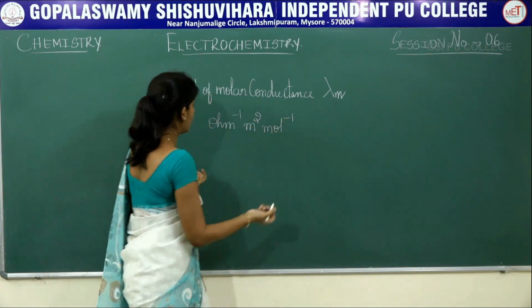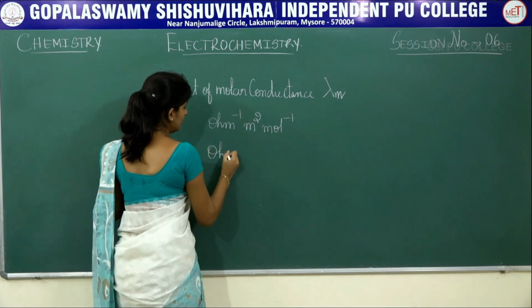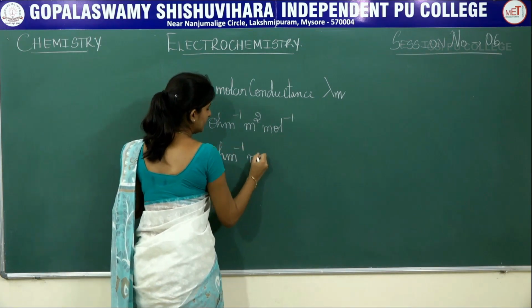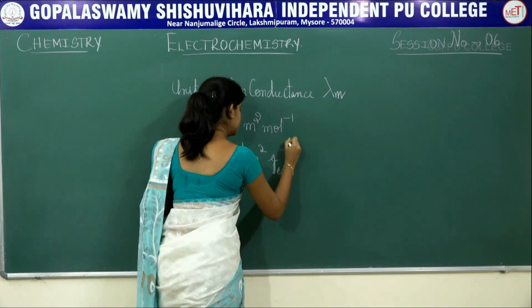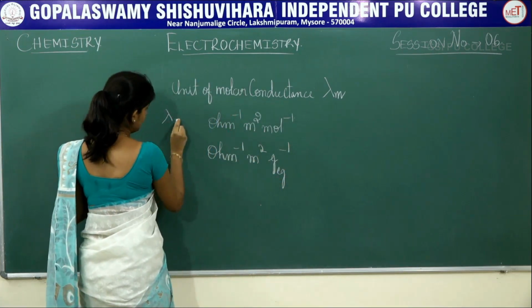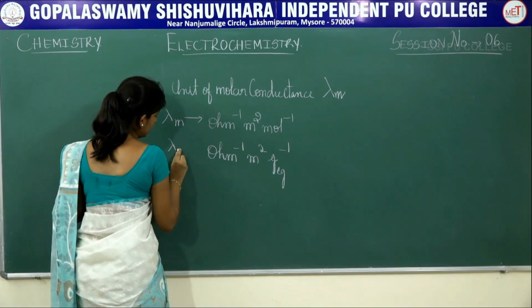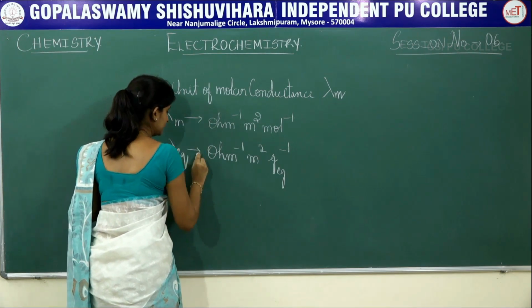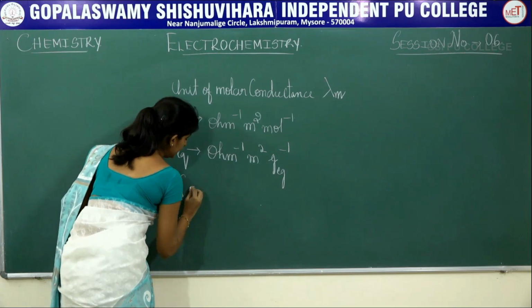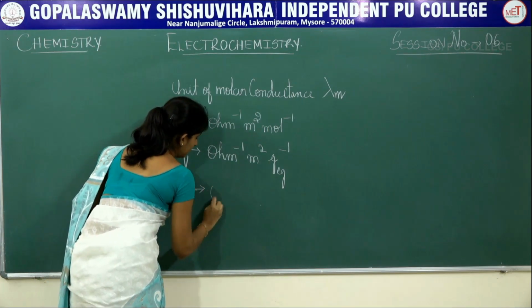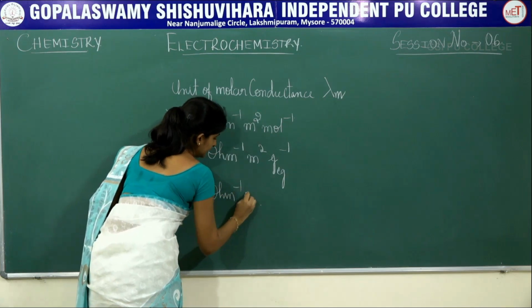So lambda eq you know already, lambda eq is per ohm meter square per gram equivalent. So this is of your lambda m, while this is of your lambda eq. And you know about your kappa, that is specific conductance, it is per ohm per meter.